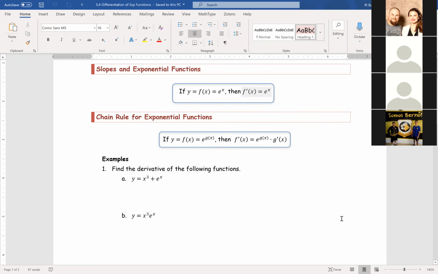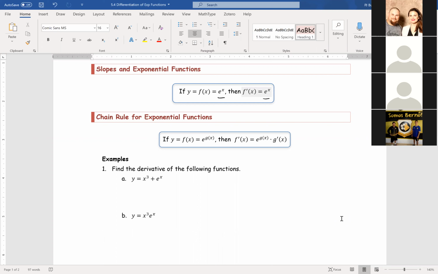So e to the x is always my favorite, along with all of my students, because it's so easy to differentiate, right? e to the x has a derivative that is itself, e to the x.